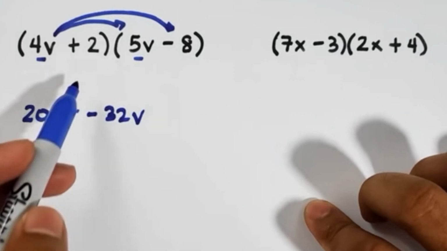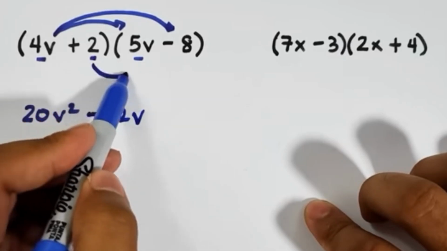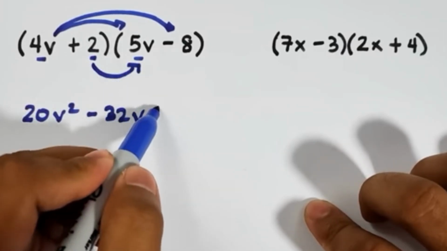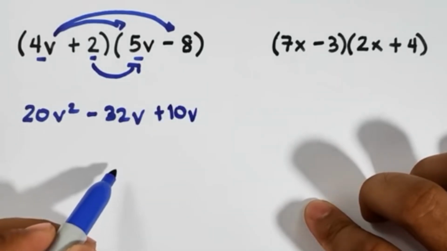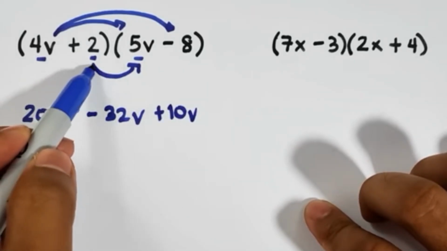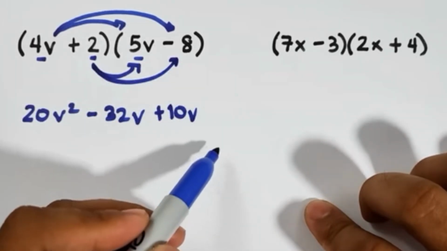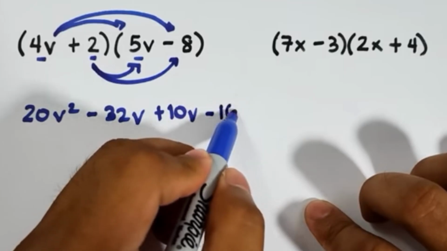Next, inner terms. Inner terms are 2 and 5v. Let's multiply them. 2 times 5v, that is plus 10v. And last terms for letter L, the constants, 2 times negative 8, that is negative 16.